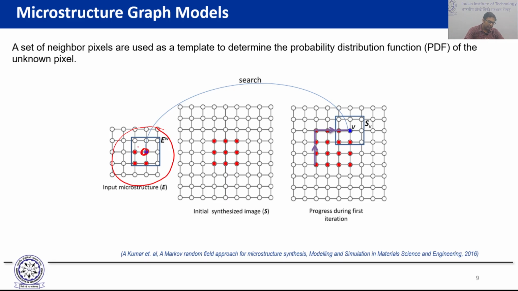Based on how this neighborhood looks, it is used like a template to determine what the probability distribution function would be for an unknown pixel. Once we have a neighborhood like this identified, we do a search type of algorithm during the first iteration, and once that search is done and we know what the probability function is, we can come up with the initial synthesized image.